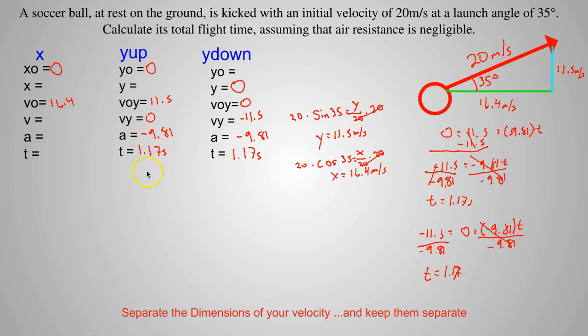So the total flight time would be the addition of those two. So here, time total would be the addition, giving me 2.34 seconds. All right, and so that gives me a flight time.